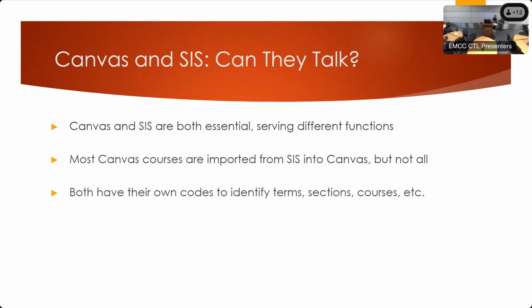Where it starts getting fun, when you're working with two distinctly different systems, is they have their own conventions. One would hope that the term code, in this case for fall of 2025, will be 4256, very intuitive, right?